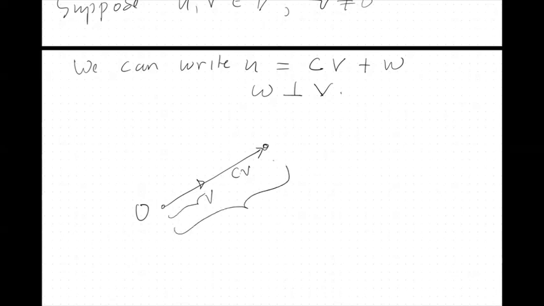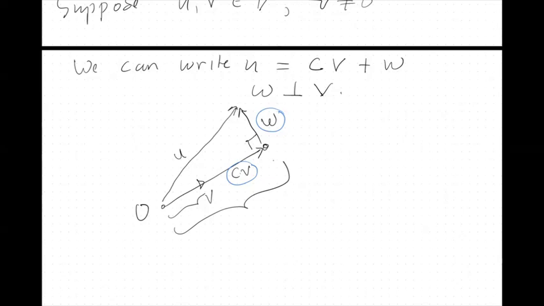And then we get a perpendicular vector w, and this is our u. So u here is just the sum of this cv and this w by tail-to-tip connection.